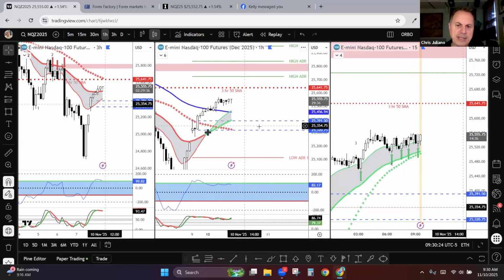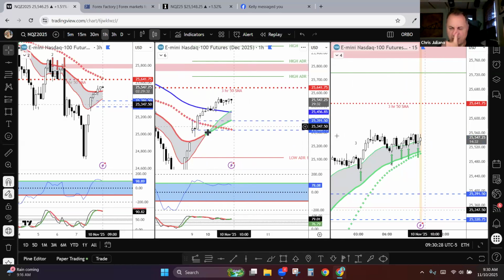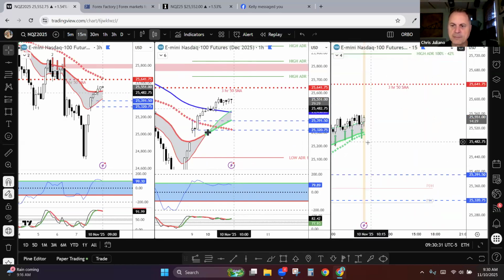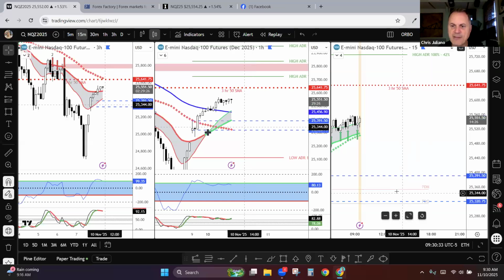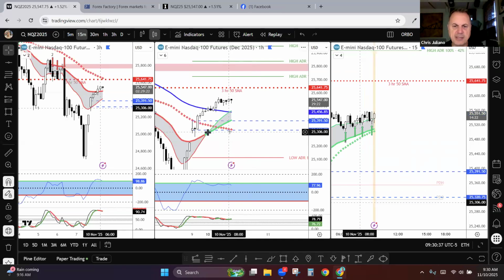And that would be right inside of Sunday's opening range, right? So we could get some kind of a wacky move here where it pulls down. Previous day's high is right inside there. And it just smacks the 50 simple moving average on that 1 hour chart right here.